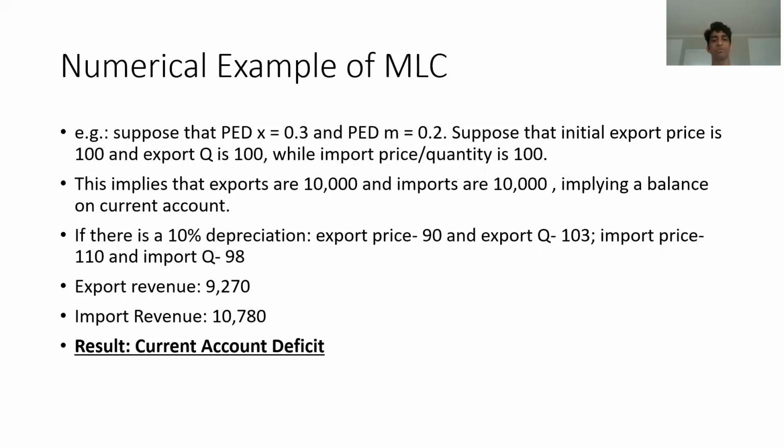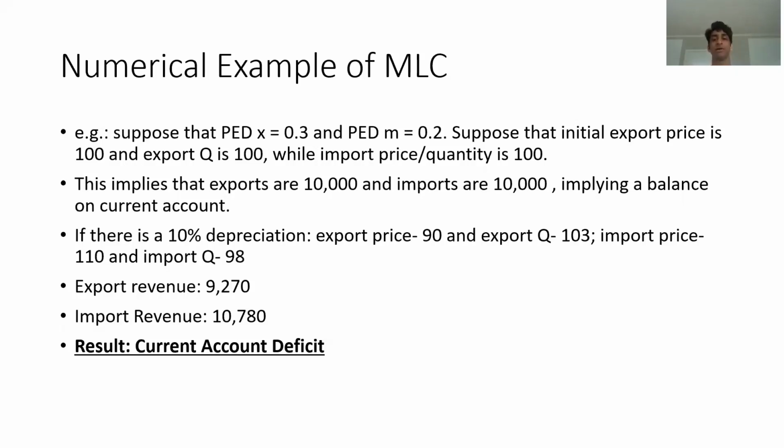Now suppose the pound depreciates by 10%, meaning that the UK's export prices are now cheaper. It's fallen to £90. Now, if you look at the PED, the PED is 0.3, meaning that the quantity demanded will go up, but will only go up by 3% for every 10% change in price. So the quantity traded goes up to only 103, whereas the import price works the opposite. Imports are now 10% more expensive.